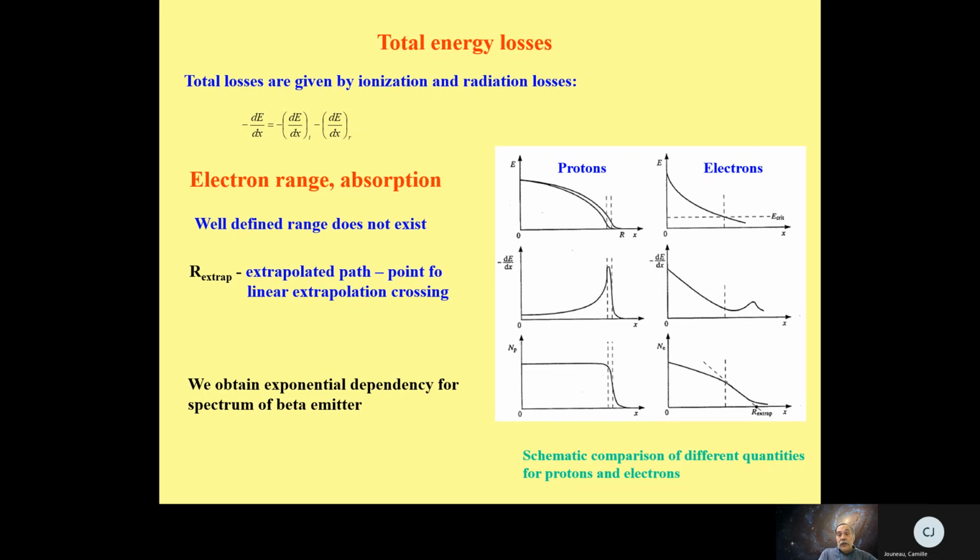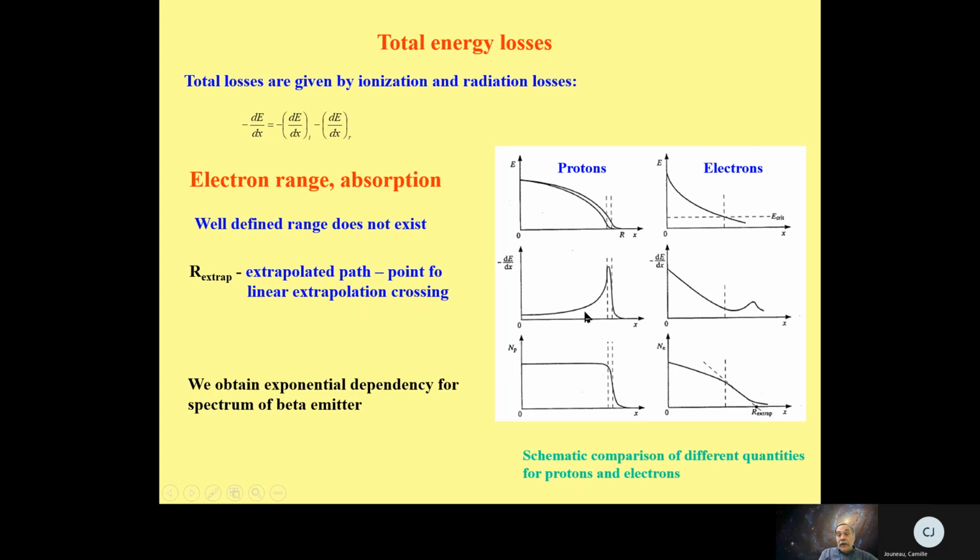The ionization losses for a heavy particle are very small for high energies, because you have no radiation losses, only ionization losses, and they are small for very high velocities. They decrease very quickly, with the inverse square of velocity.